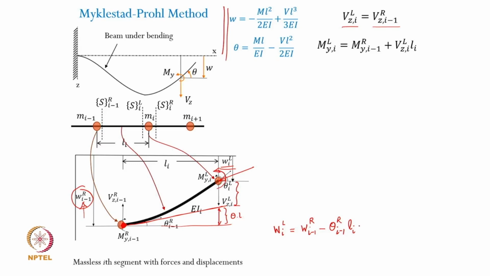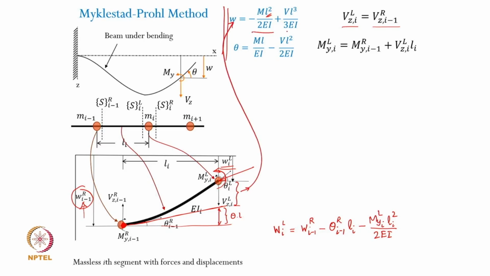So minus M y i l, okay, Li square, because I need to now look at the length which is pertaining to this particular segment, divided by 2 EI, okay. This is going to be the deflection because of the acting moment at this extreme end, right. So this is what I am basically going to look at. This is actually this deflection.